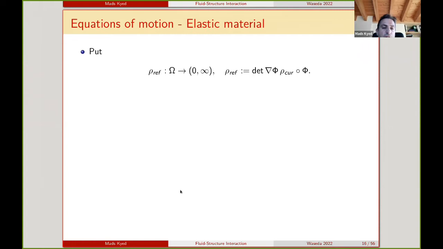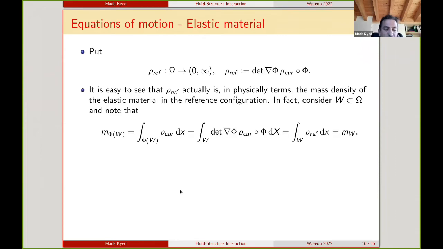Okay, so we now introduce what is called a reference density, of course motivated by the previous formula, which is just the determinant of gradient phi times the current configuration density. So in physical terms, this reference density is actually the physical mass in the reference configuration.